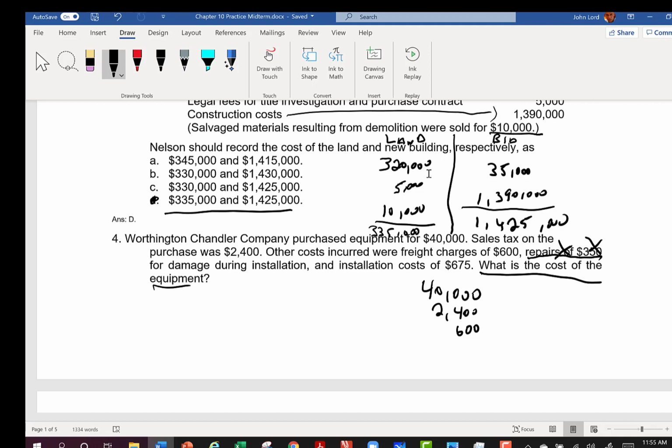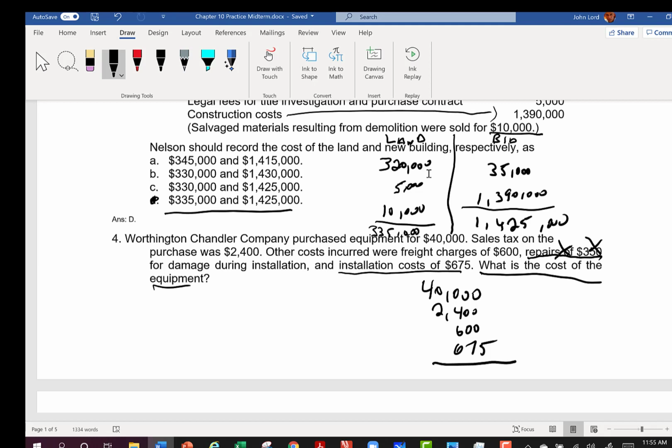Okay, good. So we've got to take that out, or we don't include it, and then they tell us installation charges of $675. Okay, so I just want to double check my calculation here on this particular one. Remember, guys, God made calculators for accountants, right? Okay, so 40,000 plus 2,400, right?